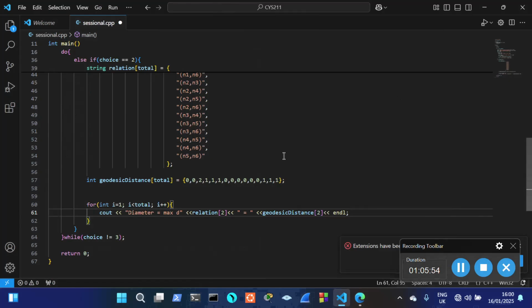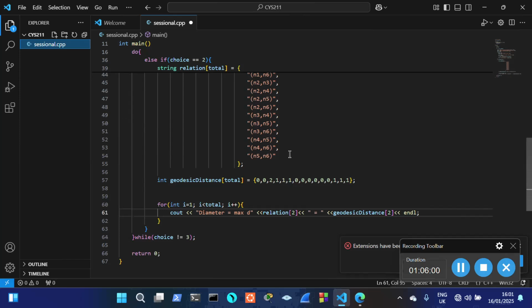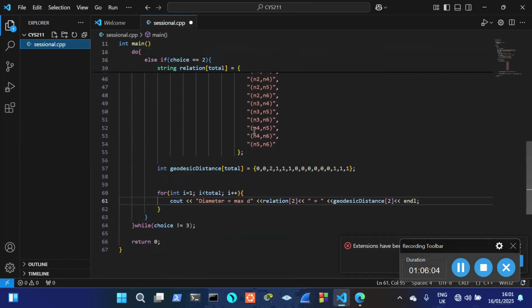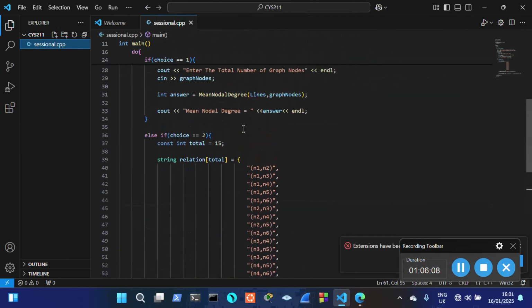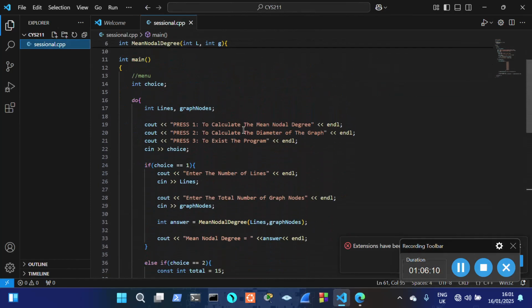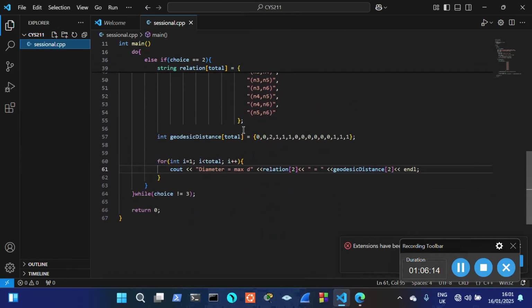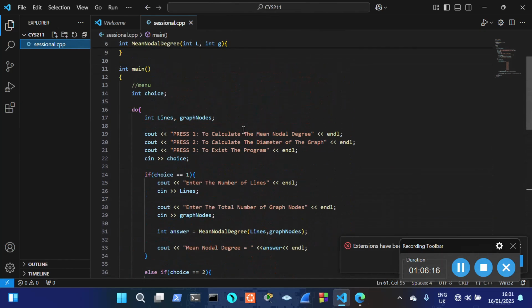Now I just want to run this particular program for now. To save it, we can say Control S. I want to run this program and see how it will be working. Once I do this, I'll explain the last part.